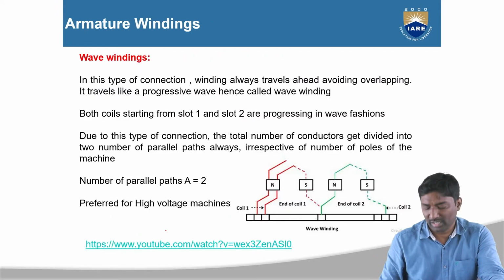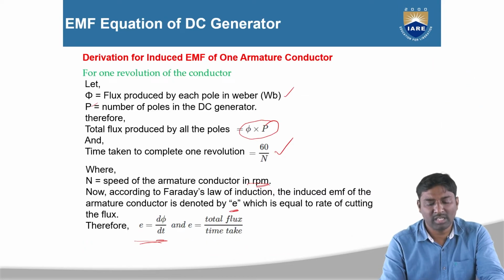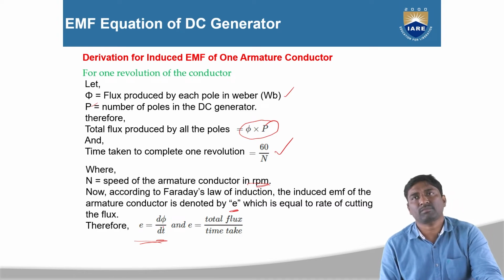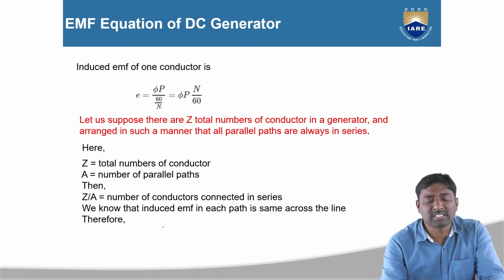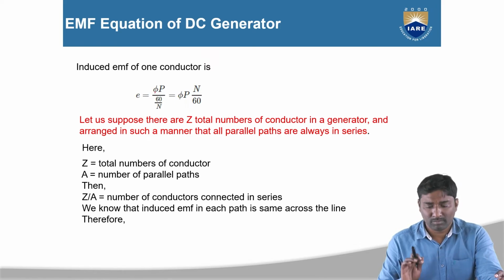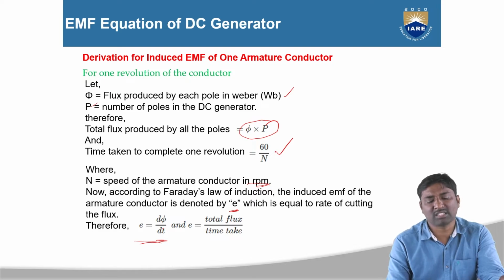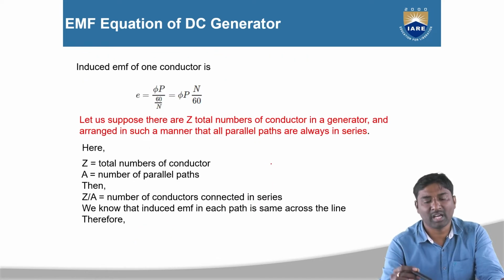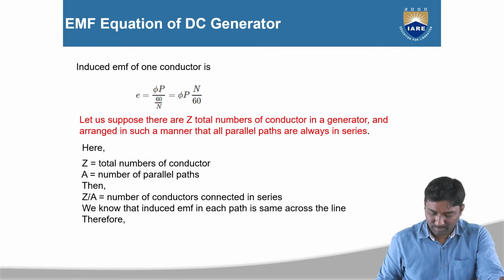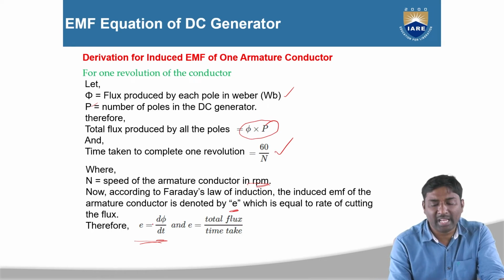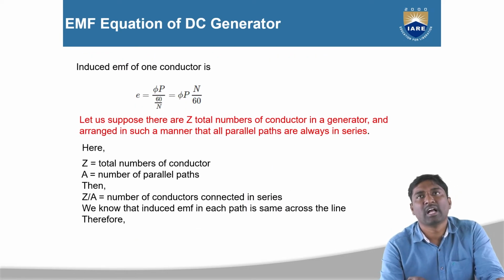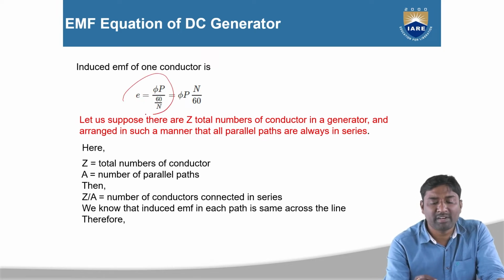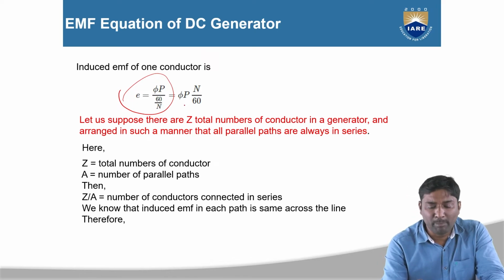That is, E is equal to d phi by dt. Now, the induced EMF in one conductor is equal to the total flux, d phi, produced by all the poles, which is phi into P, divided by the time taken to complete one revolution, which is 60 divided by N. Substituting in this equation, we get E is equal to phi P divided by 60 by N, which gives phi P N divided by 60.